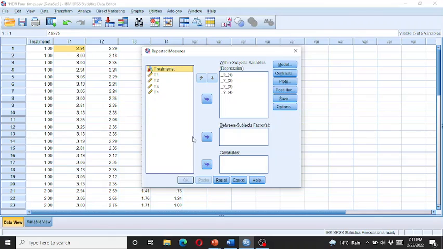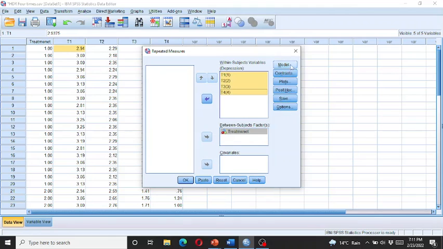So the treatment is the category variable, consisting of 2 categories of treatment. So I enter the treatment into the factor box, while the continuous variable, that is the level of depression, 4 times, I enter into this dependent variable, that is within subjects variable.